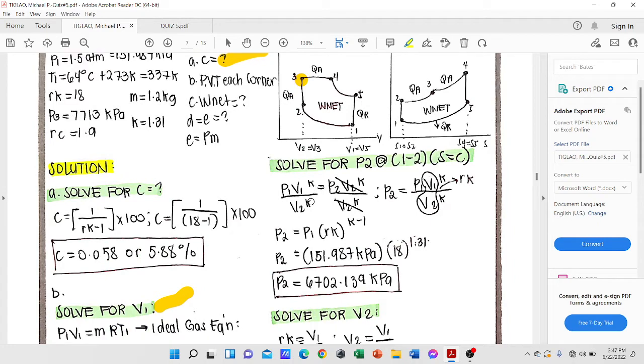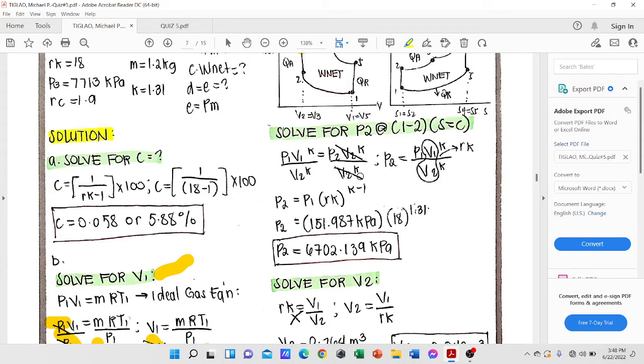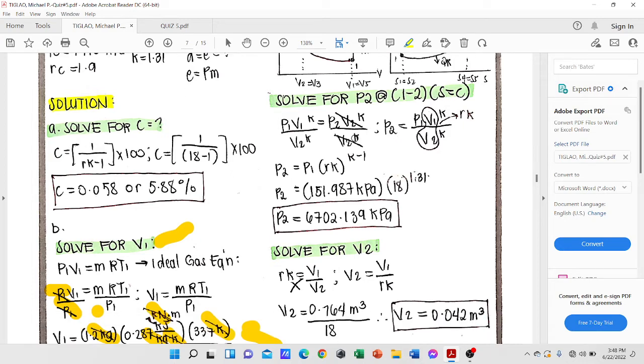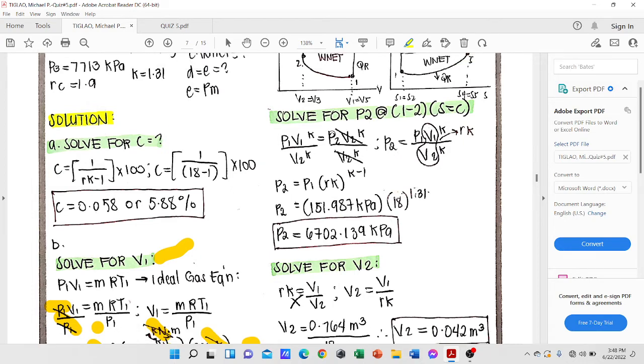Then, next naman, solve natin yung pressure 2. Sa pressure 2, process 1 to 2, isentropic is constant. So, dito, ginamit kong formula is yung PVK formula. Bali, P1V1 raised to K is equals to P2V2 raised to K. So, nag-divide ako both side ng V2 raised to K para makuha natin yung final formula.